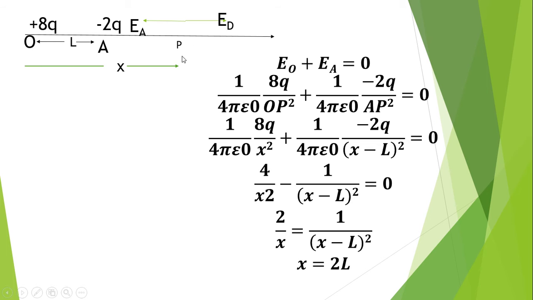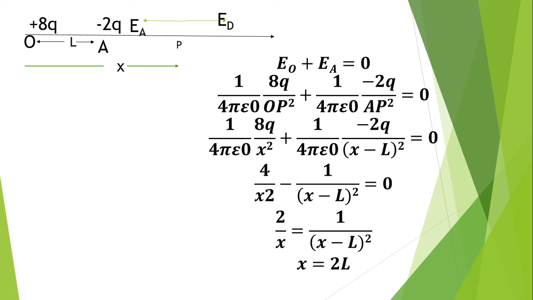According to the question, the resultant electric field intensity at point P is 0, that is E naught plus EA is equal to 0. E naught is the electric field intensity at point P due to the plus 8Q charge, radially outward. Similarly, the electric field intensity at point P due to the charge minus twice Q is radially inward.